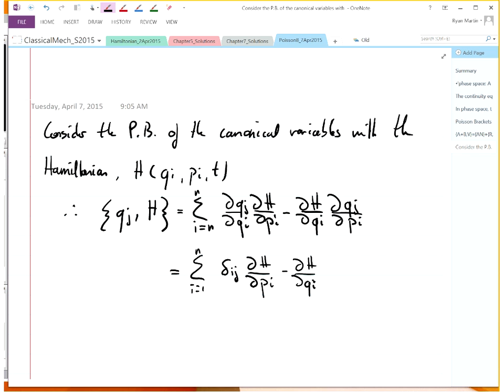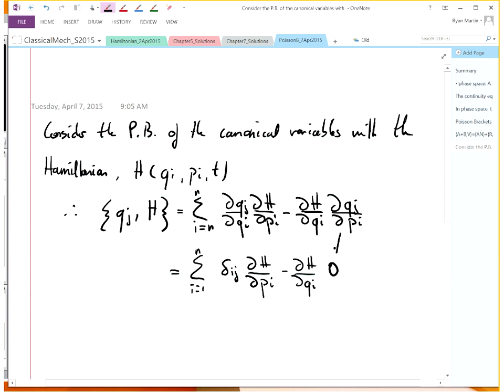Right, so you can think of p1 as q(n+1). So the momenta really are independent coordinates from the q's. And so that means that ∂qj/∂pi, that's like saying ∂x/∂px, or ∂y/∂px.